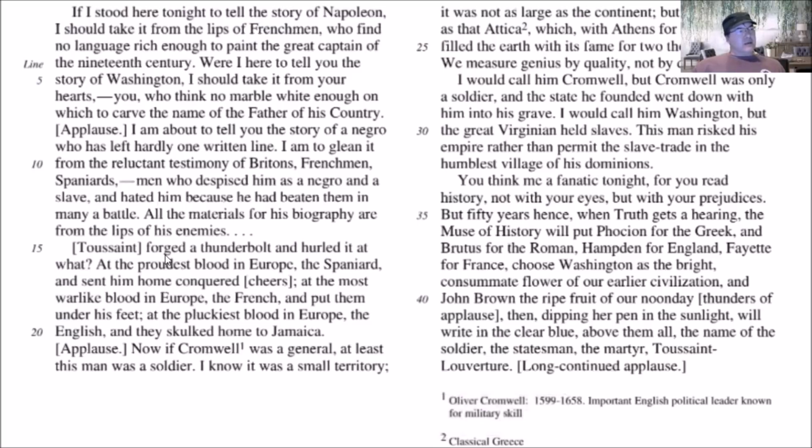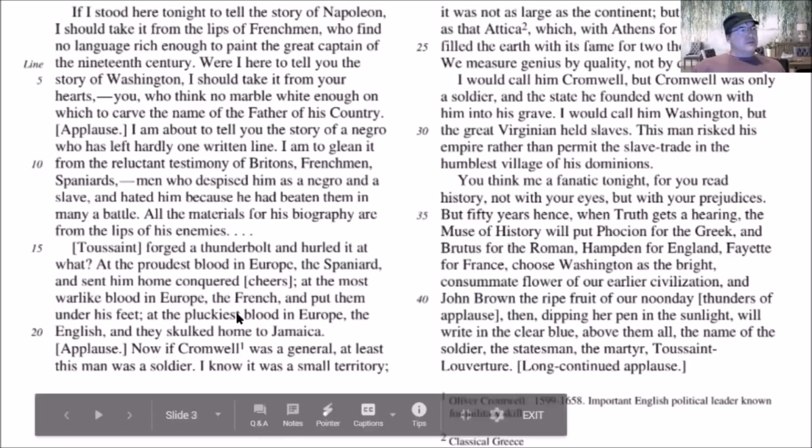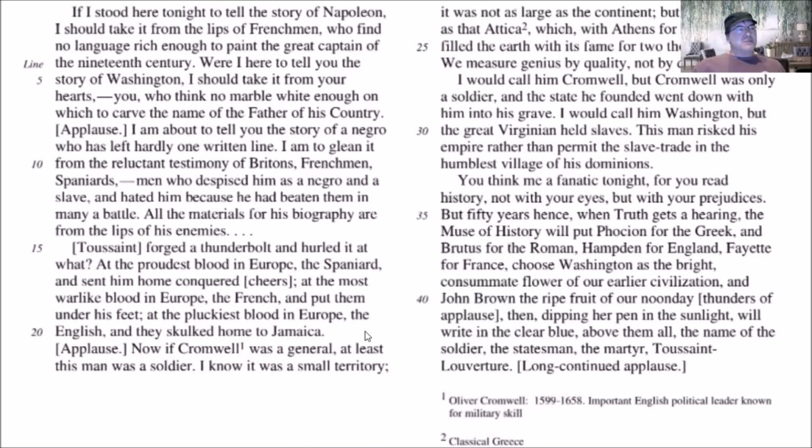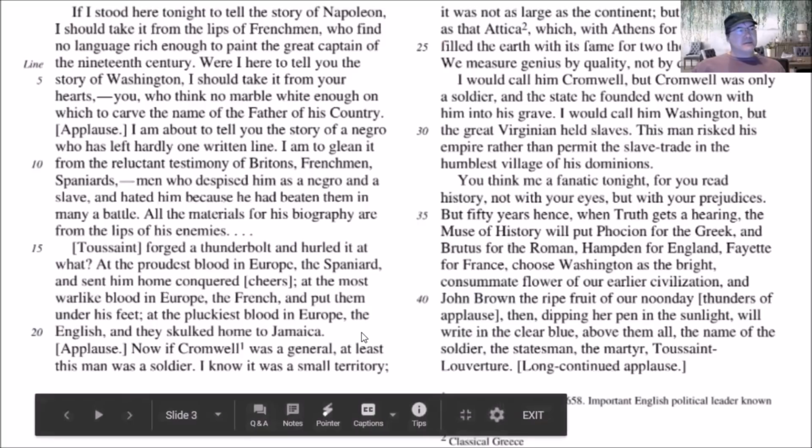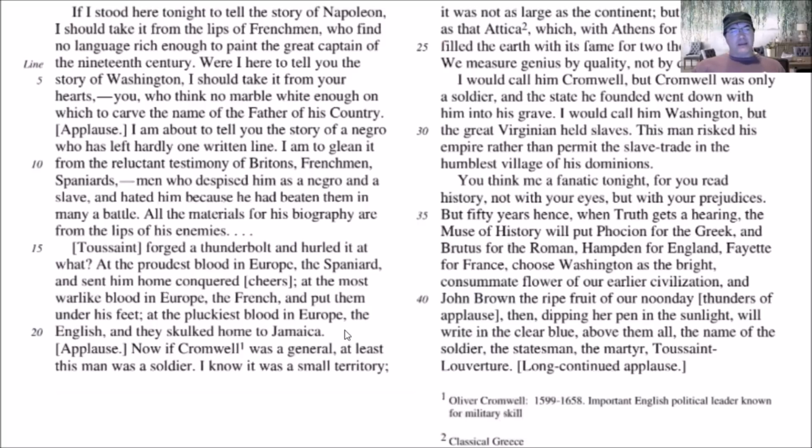Notice he gives his independent clause and then adds long prepositional phrases, separated by semicolons, to basically catalog the great armies that Toussaint has sent home packing as they attempted to take over Haiti.